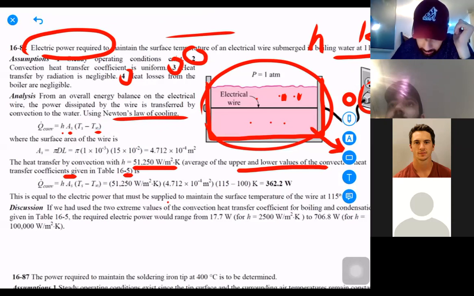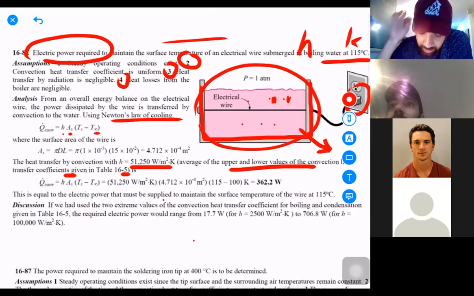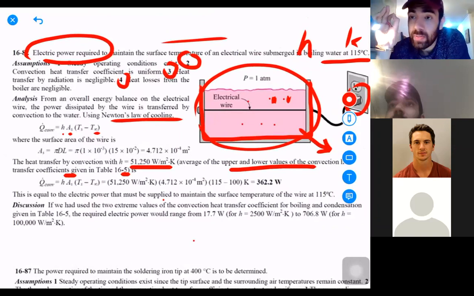I really don't know where this table 16.5 is, and I don't have it here, but you may have it, and based on that you can check the convection constant for different, for example, liquids. For water, for air, it is dependent really on the substance or material you are talking about.